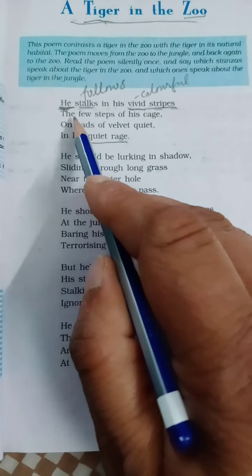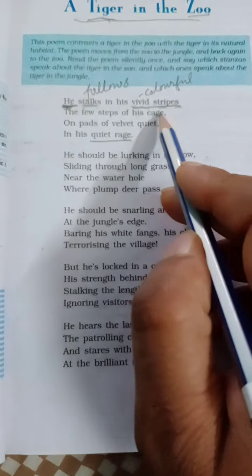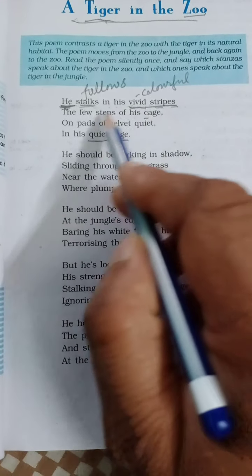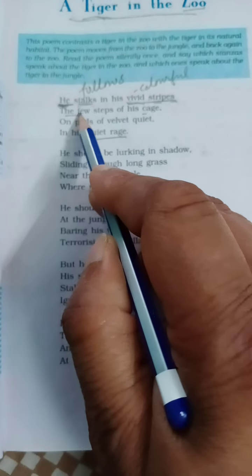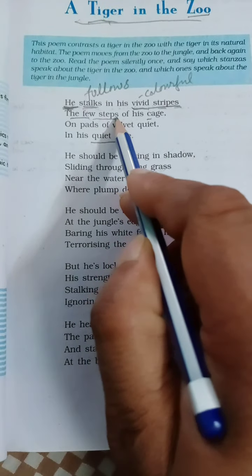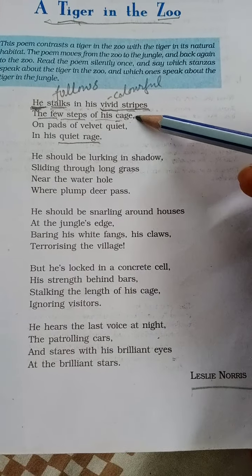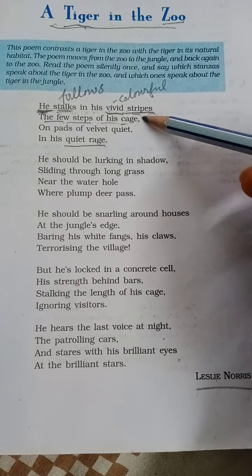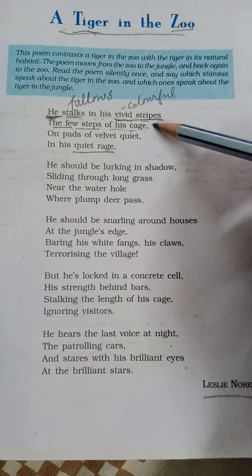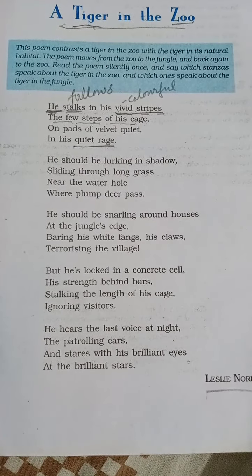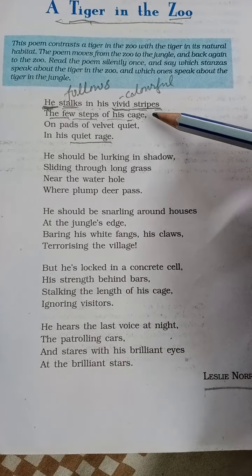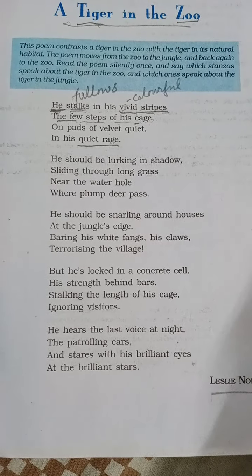How? The few steps of his cage. Why few steps? Because he doesn't have any open field to move in. He is in confinement. He is in a cage, so he cannot move freely. He is in confinement, means he has been deprived of his freedom.